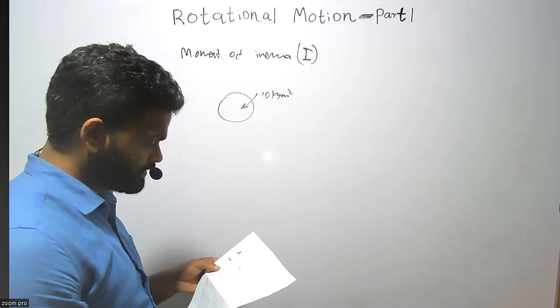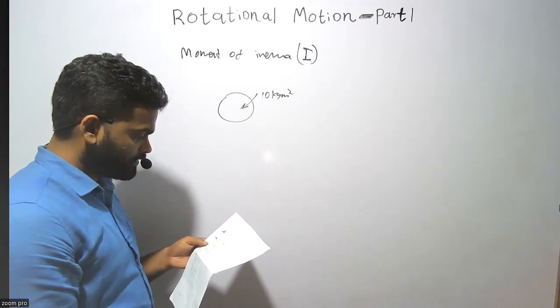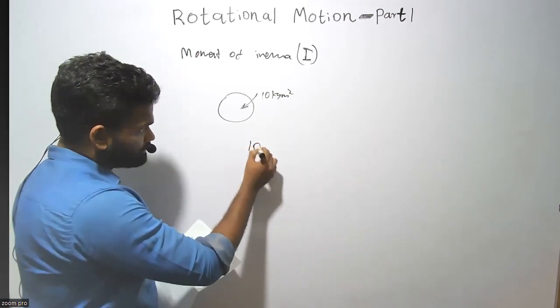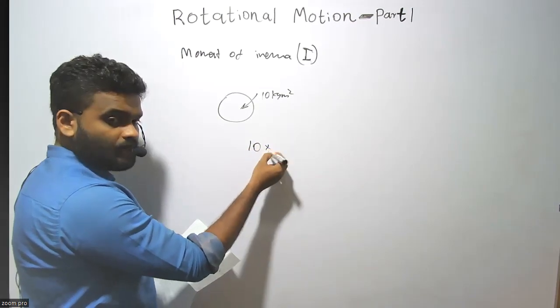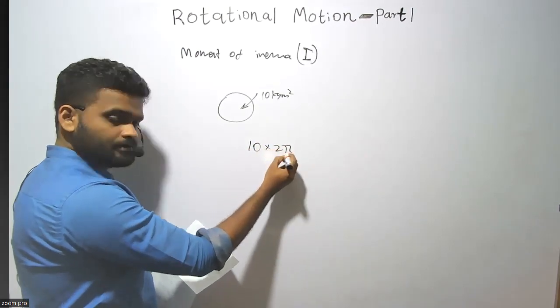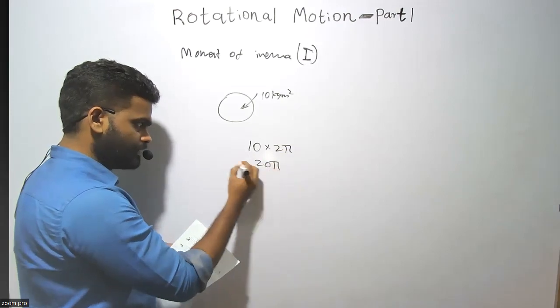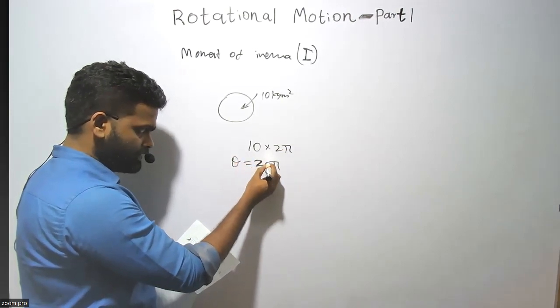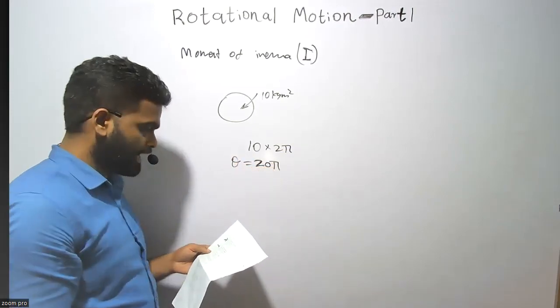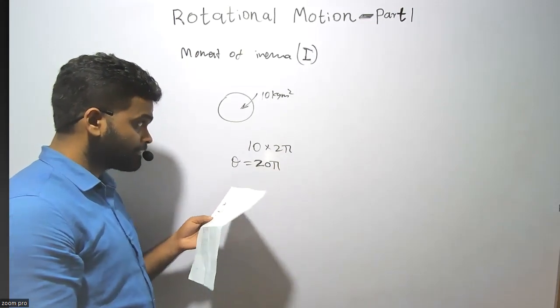So let's say 10 rounds means, 1 round is 2 pi in radians, so this is 20 pi. The theta is 20 pi, this is the angular displacement.